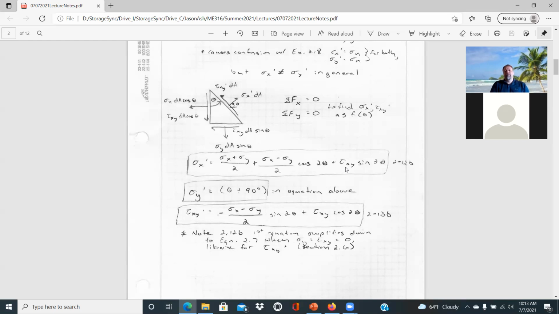There's also an expression like this top one that you could use to solve for sigma y prime directly based on this same theta value. You'll find those in the textbook, as well as the relationship for tau xy prime as a function of the state of stress and the new orientation.